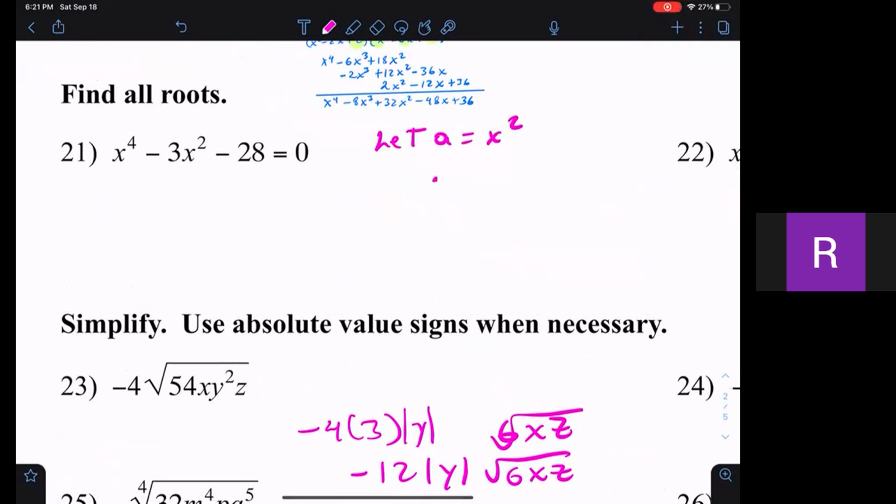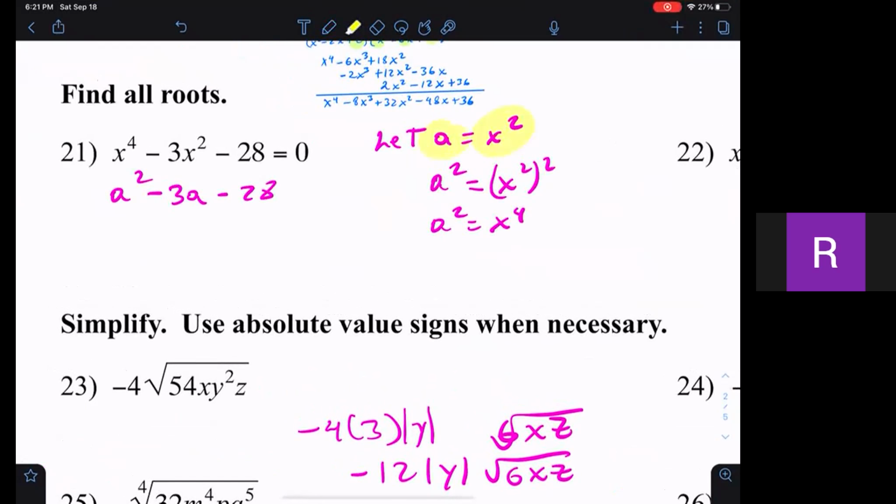And then if you square both sides, you get this. So that's going to be a squared equals x to the 4. So this is a squared minus 3a minus 20. If you don't know where I get 3a, I get it from here. Right? x squared equals a.